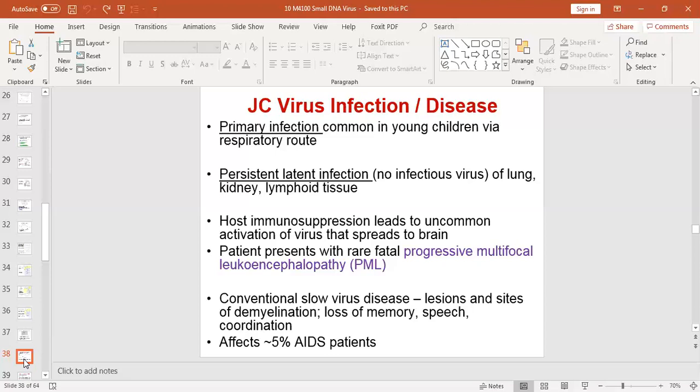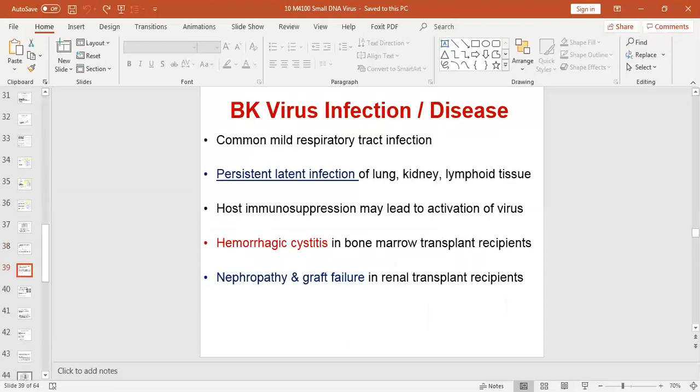This kind of JC virus infection can be seen in about 5% of AIDS patients, mainly due to immunosuppression of the individuals.